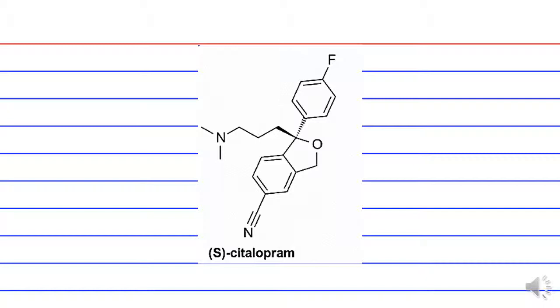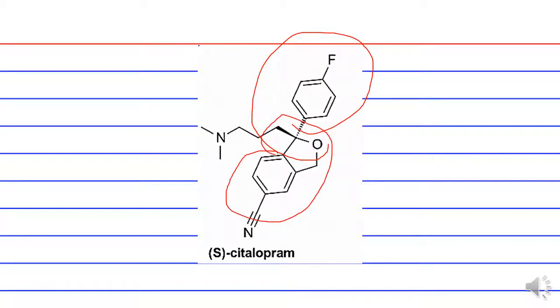so basically you have to decide which group is the highest priority or which group is atomically the heaviest. And so we know it's going to be between these two because double bonds are considered a higher priority over single bonds. And this is the chiral center that we're concerned with.